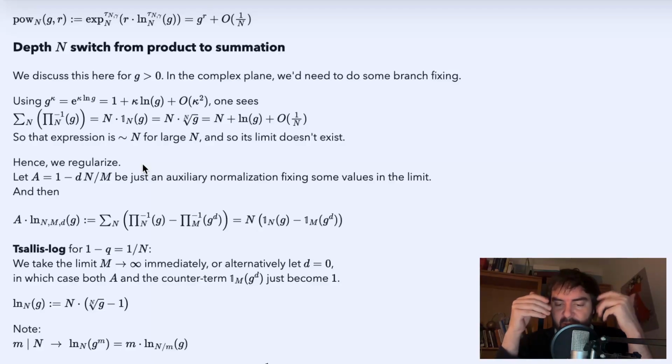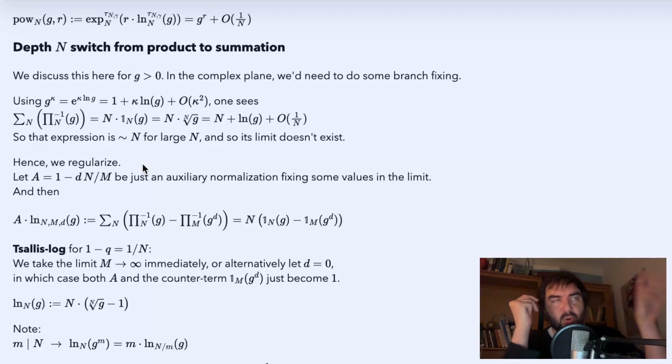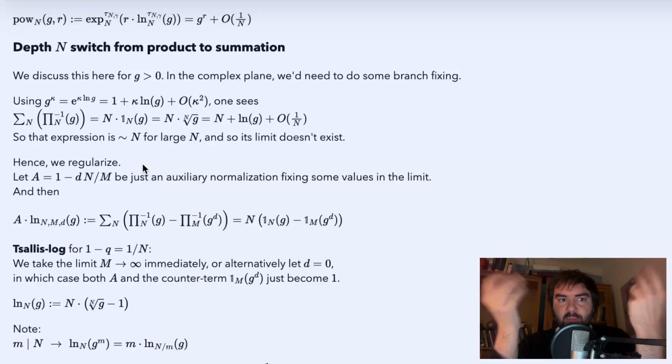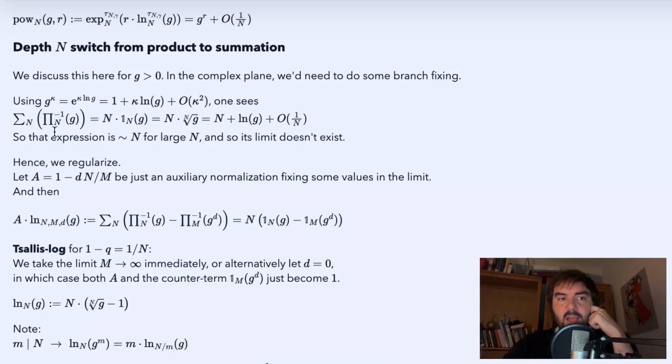We already have a map of multiplication, like product n to the minus 1. We already have defined this. This is just taking the root, and we will take away on the multiplicative side and then give in the sum side. This is exactly what we do here.